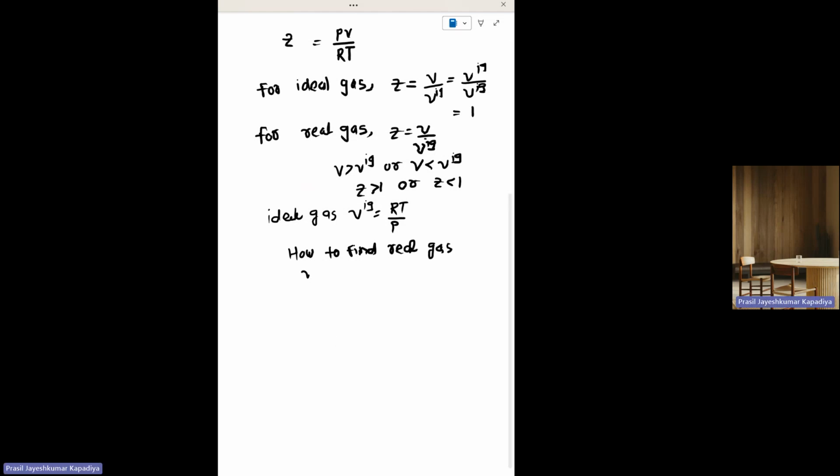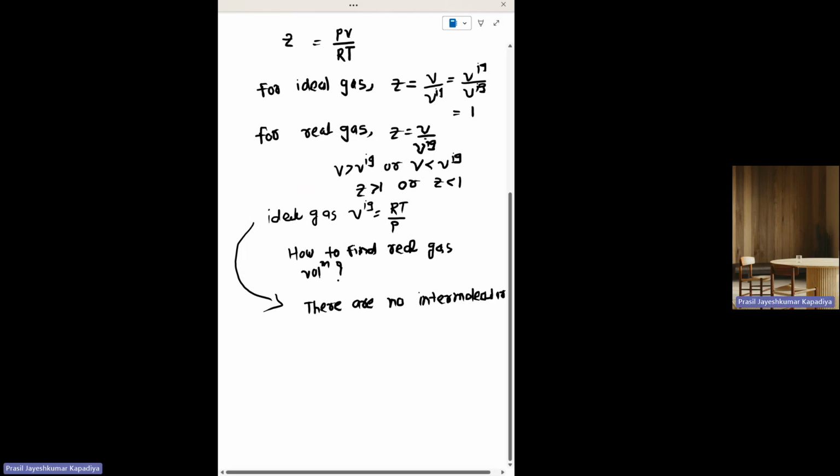Before that, what is ideal gas? When do we say that the gas is ideal? The gas is considered ideal when there are no intermolecular interactions present. This is the first condition.